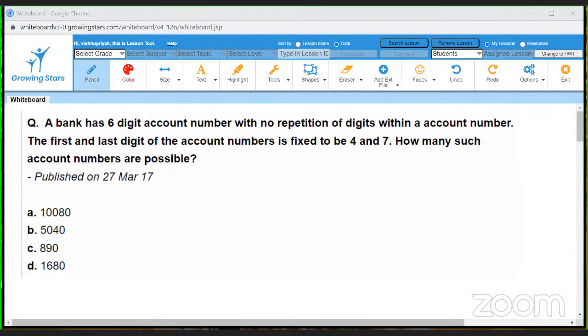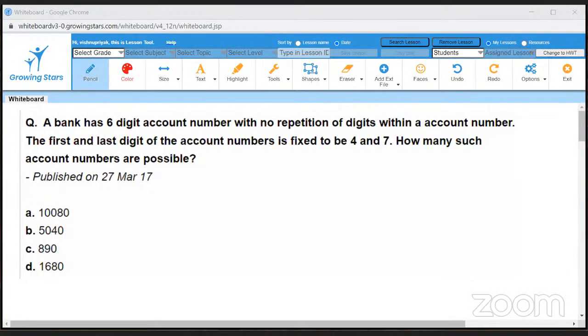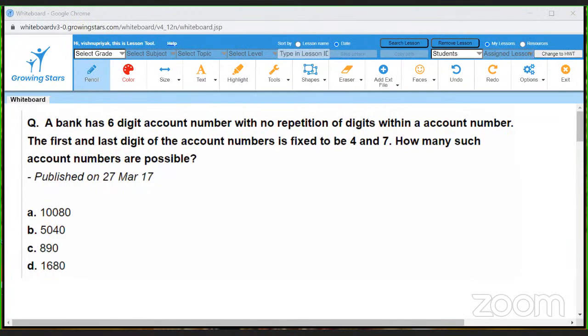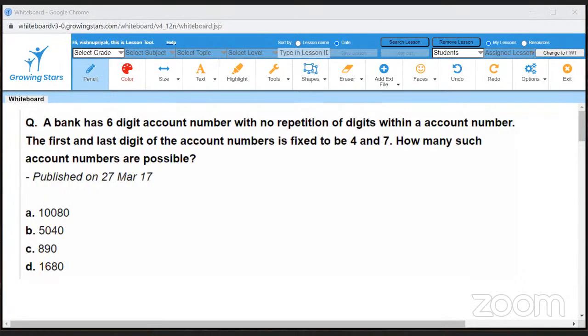A bank has a 6-digit account number with no repetition of digits within an account number. The first and last digit of the account number is fixed to be 4 and 7. How many such accounts are possible?